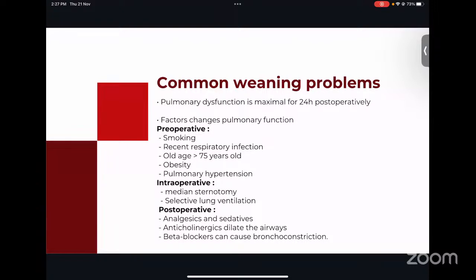Regarding the intraoperative causes, median sternotomy is usually associated with decreased lung capacities. In a case of thoracotomy, this will increase lung injury, as will selective lung ventilation.